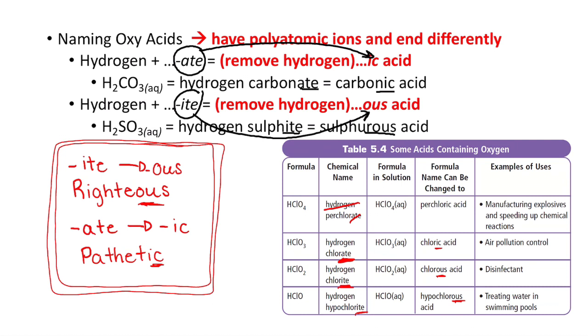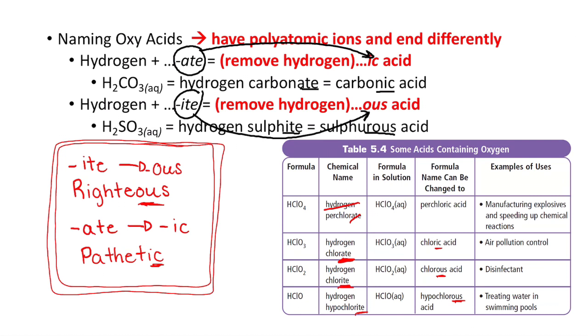For example, H2SO3, SO3 is sulfite, so hydrogen sulfite before it's dissolved in water becomes, we drop the hydrogen, change the ITE to OUS, and add the word acid. So it becomes sulfurous acid.